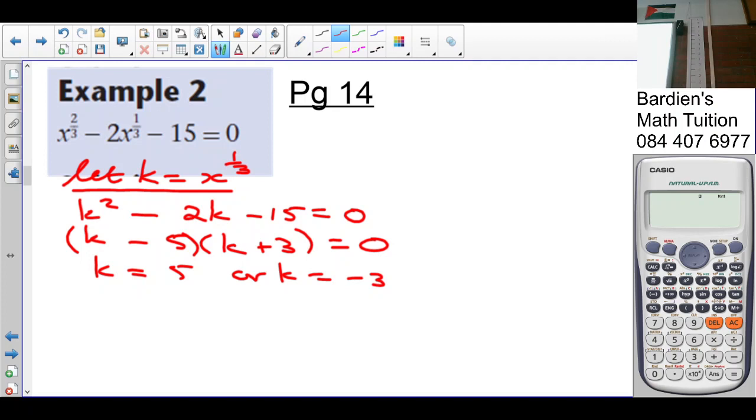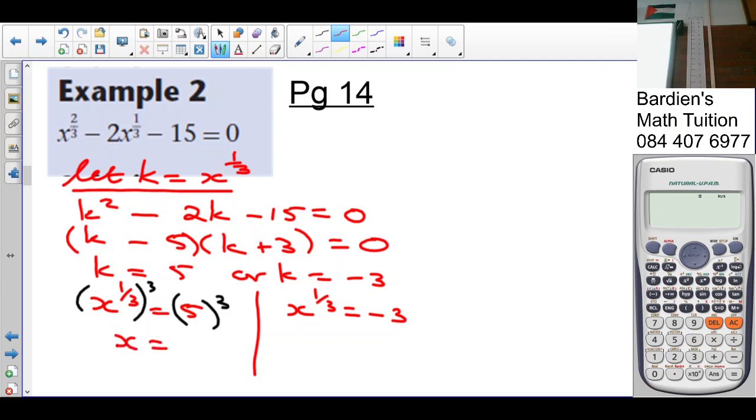But what is k? x to the third. So x to the third is equal to 5, or x to the third is equal to negative 3. Is the denominator even? No, so no restriction needed there. So I raise to the exponent 3.